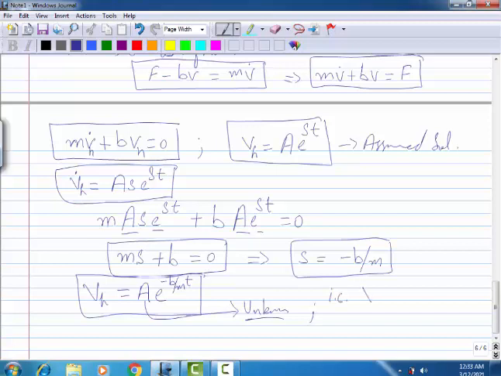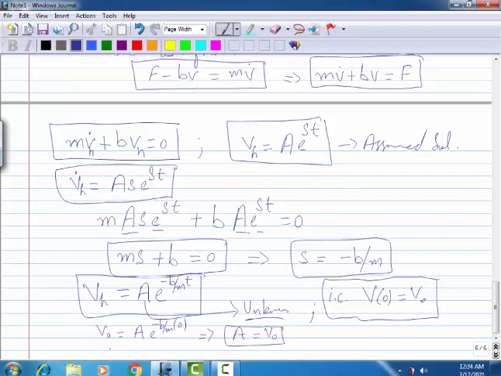We assume that initially at time 0 the velocity is v naught. When we put v naught here, it becomes v naught equal to A e to the power of minus b by m times 0. The exponential with power 0 becomes 1, so this implies that capital A is equal to v naught.